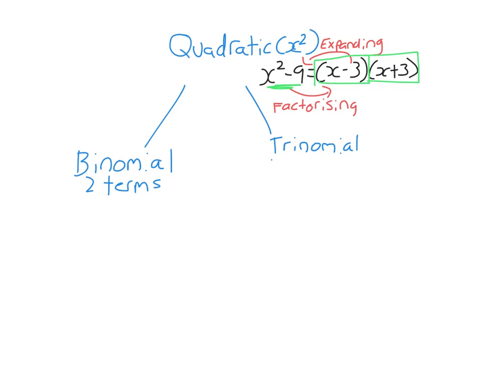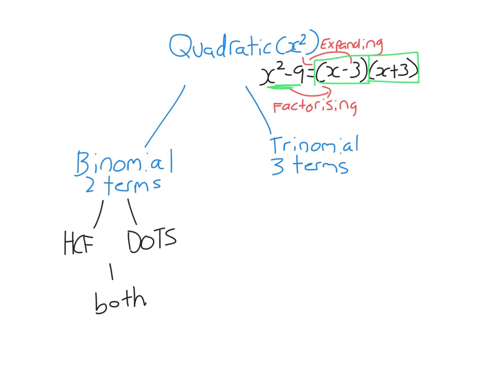And for this test, only the 10A people are doing non-monic quadratics. So for binomial quadratics, you'll either use highest common factor, difference of two squares, or both. They're the methods when you have only two terms.